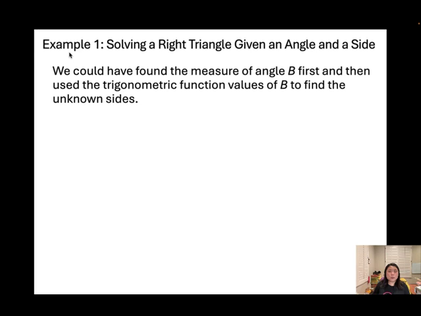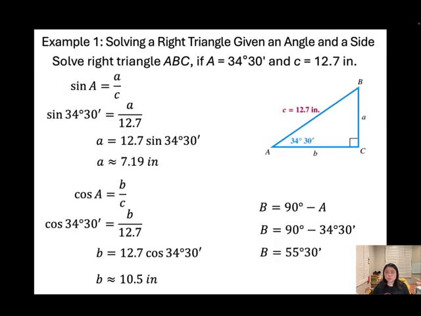Okay, in example 1, we could have found the measure of angle B first and then used the trigonometric function values of B to find the unknown sides. Another way to solve this right triangle, we could just find out the angle B first, and then use the angle B to figure out your A and B here.